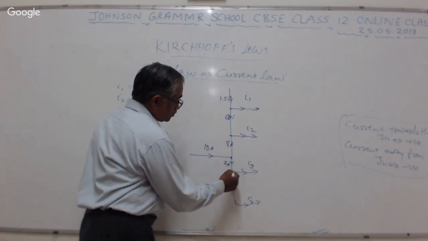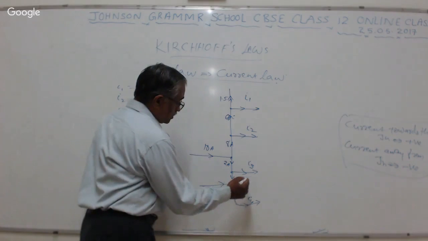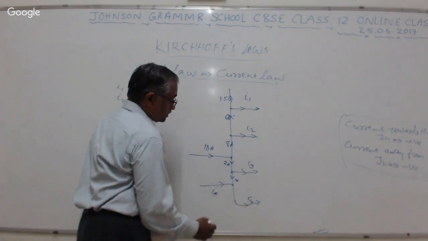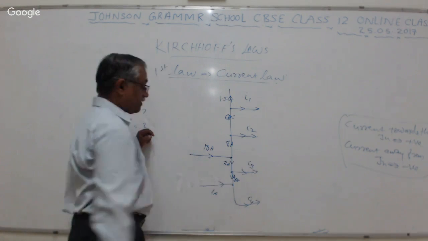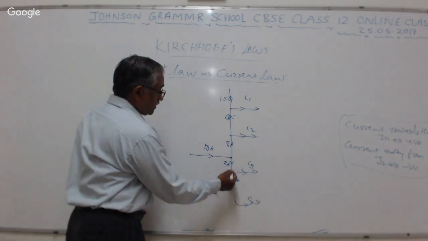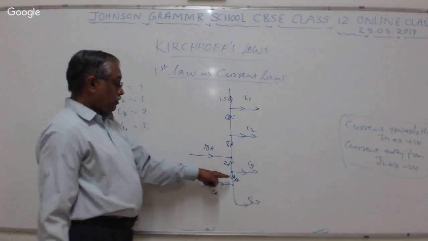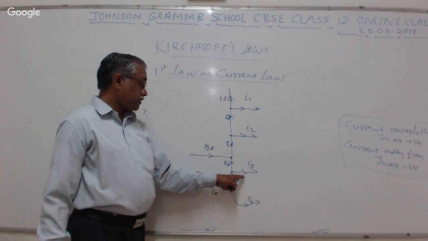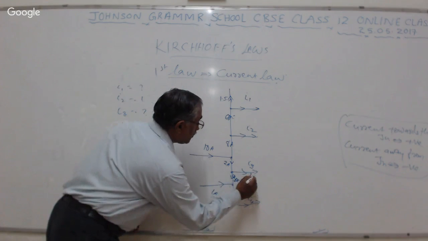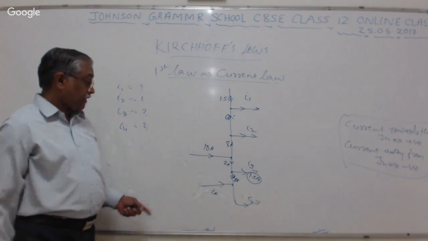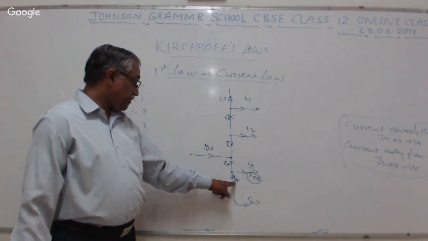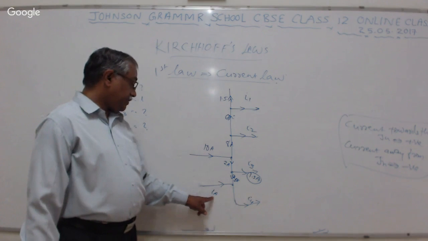So out of this 2 ampere, 0.5 ampere is leaving this side. So 2 ampere is coming at this junction, 0.5 ampere is leaving. So how much is remaining here is 1.5 ampere. So we got the current along this as 1.5 ampere. And here 0.5 ampere is coming and 1 ampere is coming here.